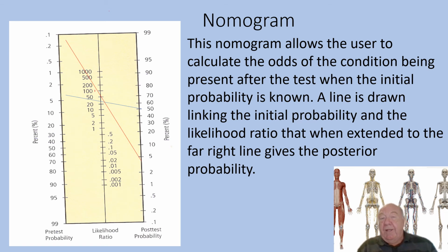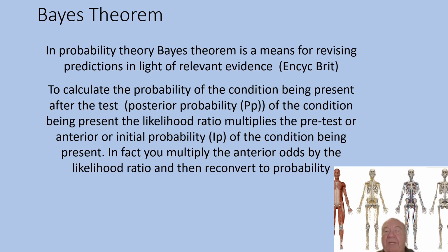So you need these prior odds or initial probabilities, or if you like, pre-test probabilities and odds, in order to apply the results of the test correctly. What Bayes' theorem does is essentially to allow you to revise your predictions on the condition as you get more and more information coming in.